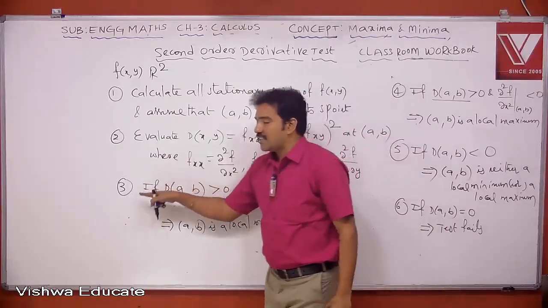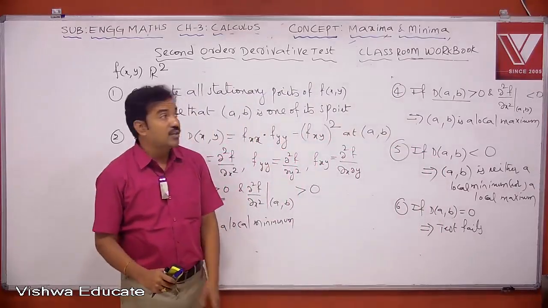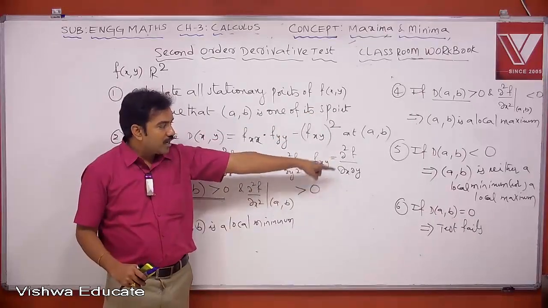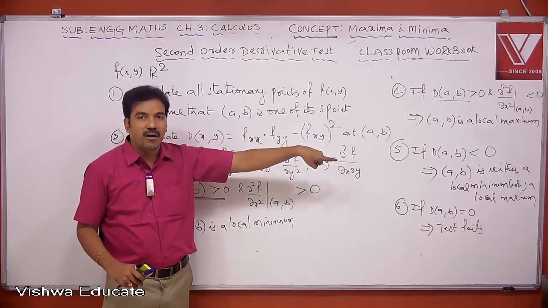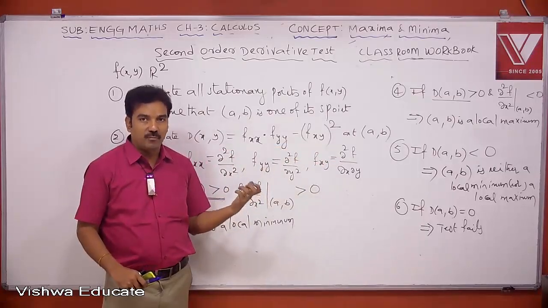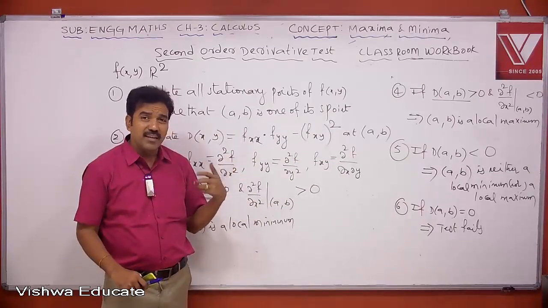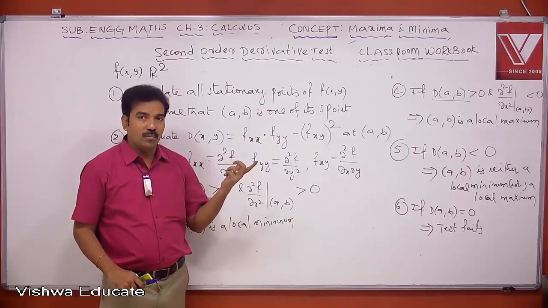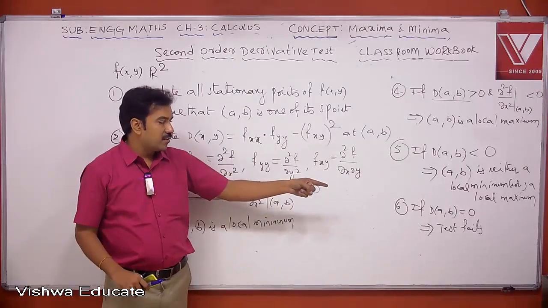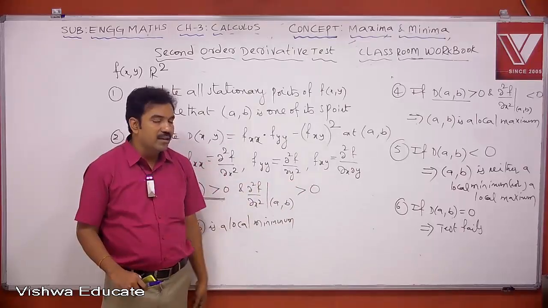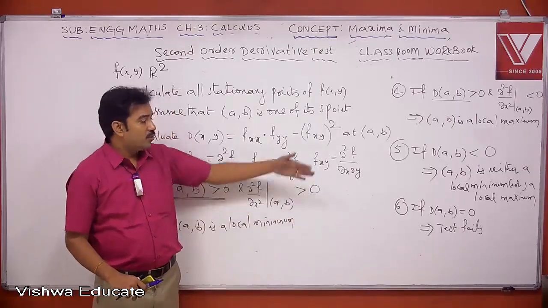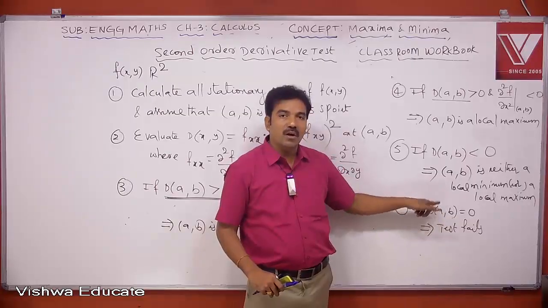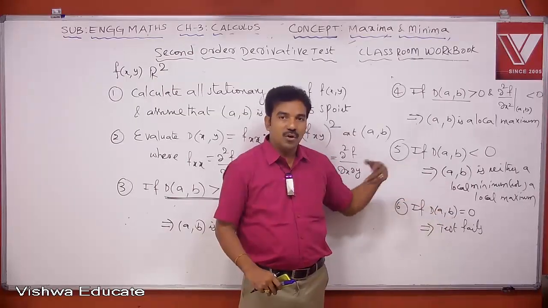So the common condition in both cases is that d is greater than 0. If d is negative at a stationary point, you need not worry about dou square f by dou x square, because that point is neither a local minimum nor a local maximum. If d is equal to 0 at the stationary point a comma b, the test fails. Test fails means it can be a local minimum, a local maximum, both, or none. Note down all these points.